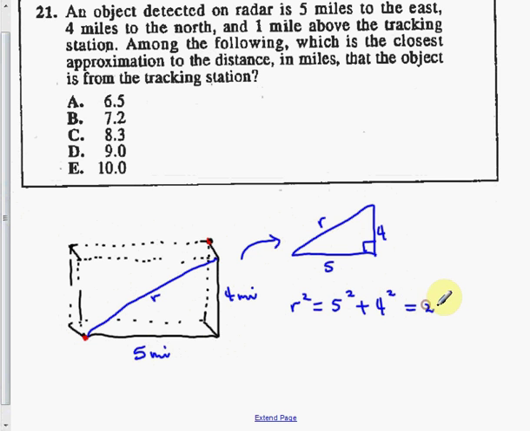That gives us 25 plus 16. So we get here R squared is equal to 41. Well, this implies that R is equal to the square root of 41.